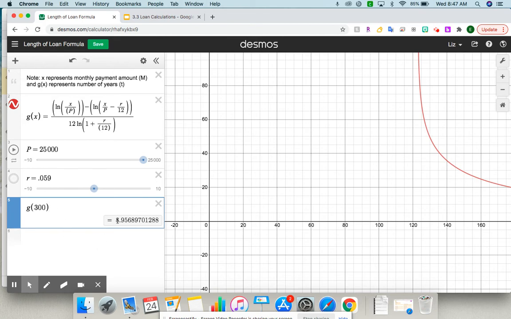So that means it would take nearly 9 years to pay off this loan. That is quite a long time for a loan for a car. Most banks usually only offer loans up to 7 years. So in this case, he either needs to shop around for a better interest rate or increase his monthly payment or find a car that is less than $25,000.